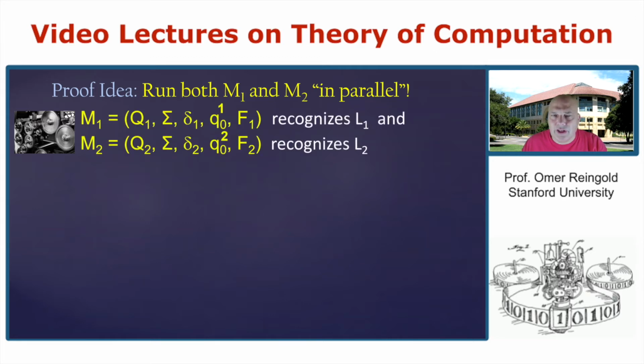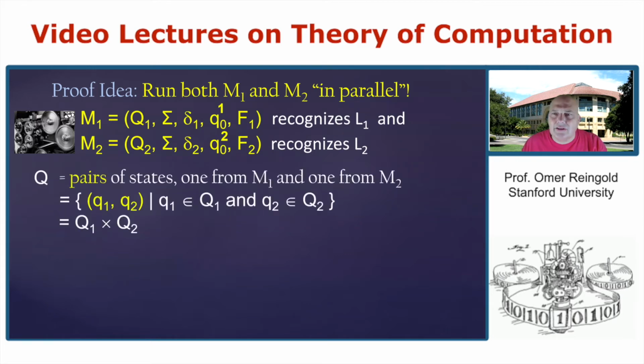So these are the machines as before. And in order to run in parallel, we'll define the set of states of M to be pairs of states, Q1 and Q2, where Q1 is a state in M1 and Q2 is a state in M2.